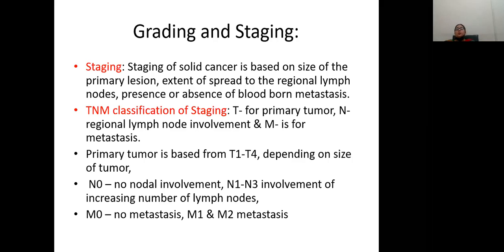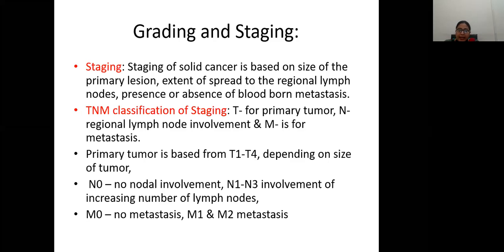So I'm telling you again that staging is dependent upon the tumor T and N. T is basically the size of the tumor. Different tumors have different criteria according to size, and as the size increases we classify the tumor into T1, T2, T3, and T4.